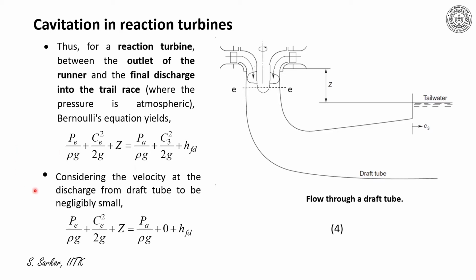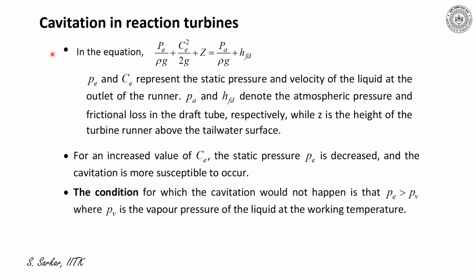Considering the velocity at the discharge to be negligibly small, then I can write PE divided by rho g plus CE squared by 2g plus Z is equal to PA by rho g plus HFD. That is equation number 4.